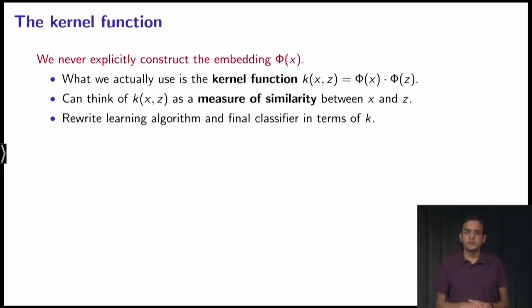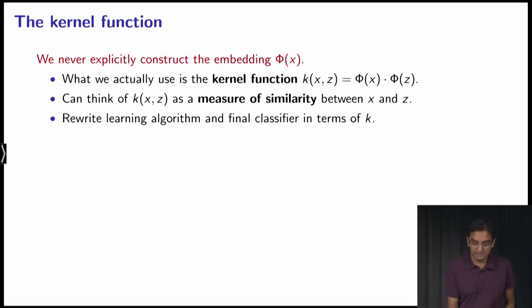Okay, so what have we done so far? We've noticed that this embedding phi of x is something we never construct in the algorithm itself, which is a relief because it's something that's potentially enormous. Instead, our only access to the data is through dot products between these high-dimensional representations.